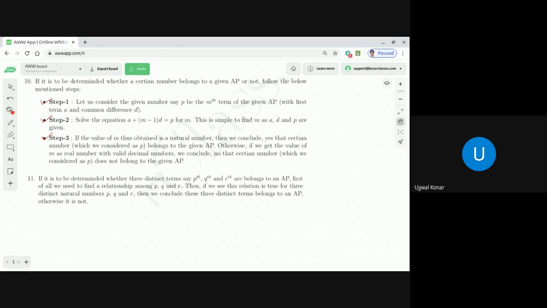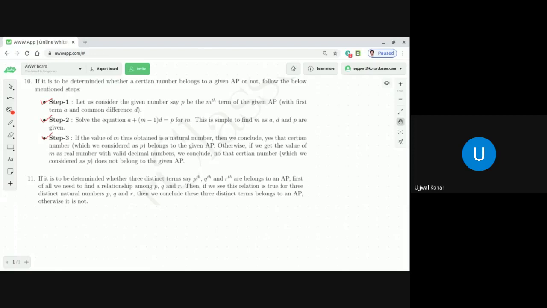Sometimes you will get questions, dear students, in future we will discuss, that will be a little advanced: whether three distinct terms, suppose pth term, qth term and rth term, belong to an AP or not. Okay, got it or not? So the pth term will be given, it is not p, it is the pth term.